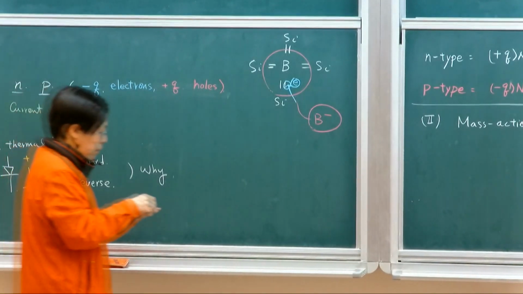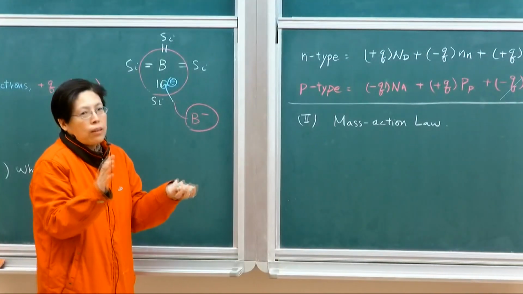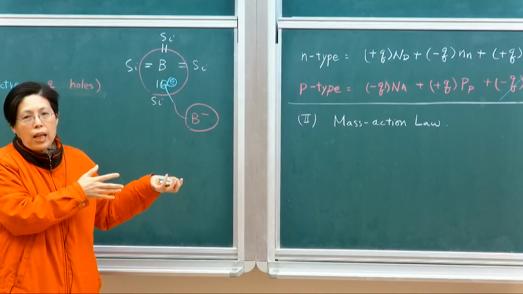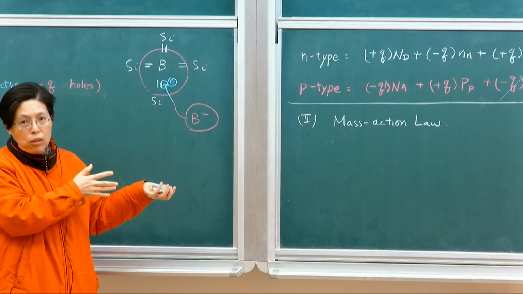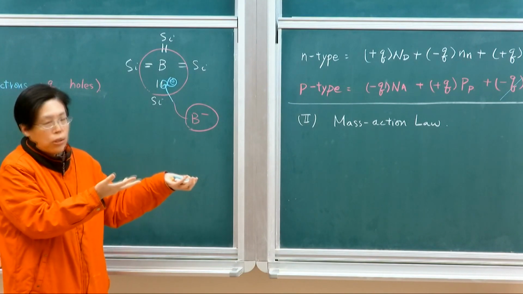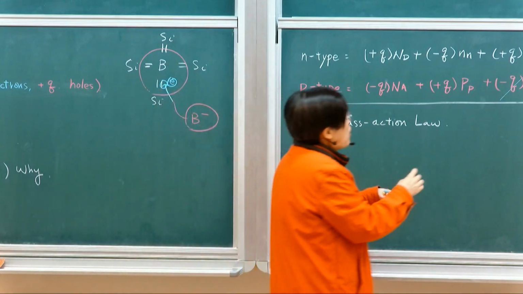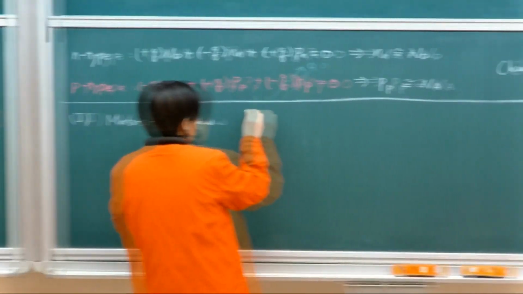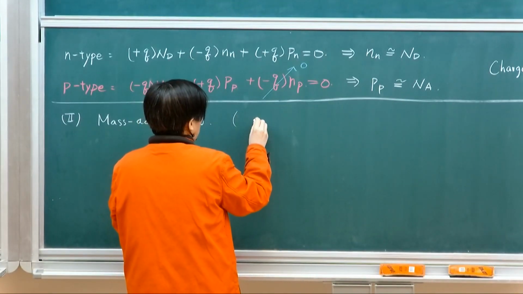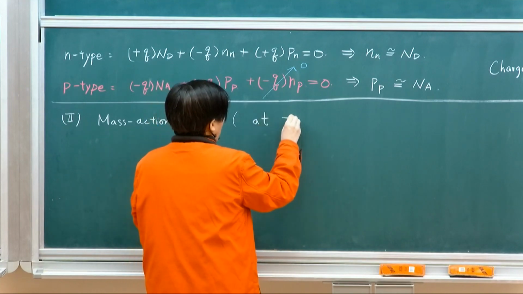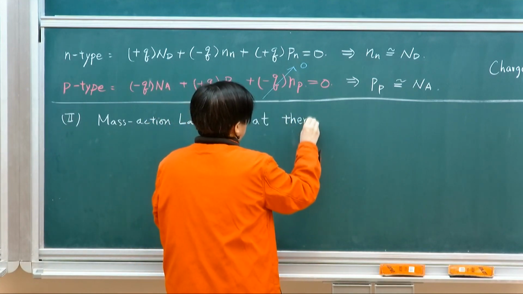First, let me write it down. What is the mass action law? If you don't understand the basic underlying reason, you should just accept it first. This is only true at what we call thermal equilibrium.